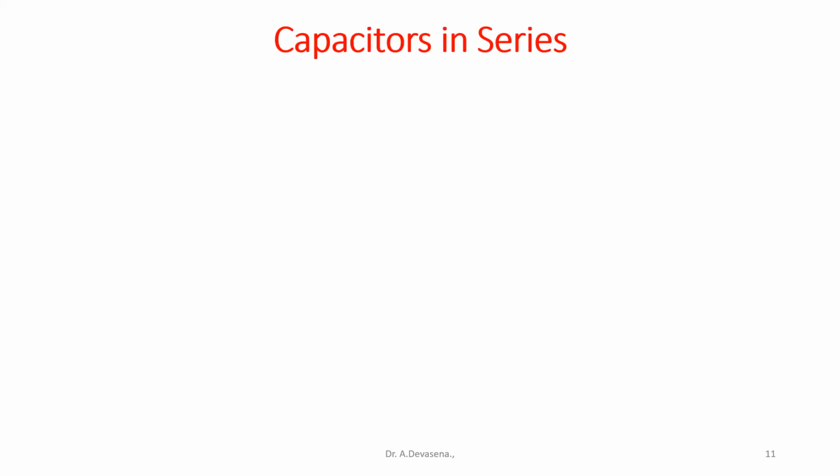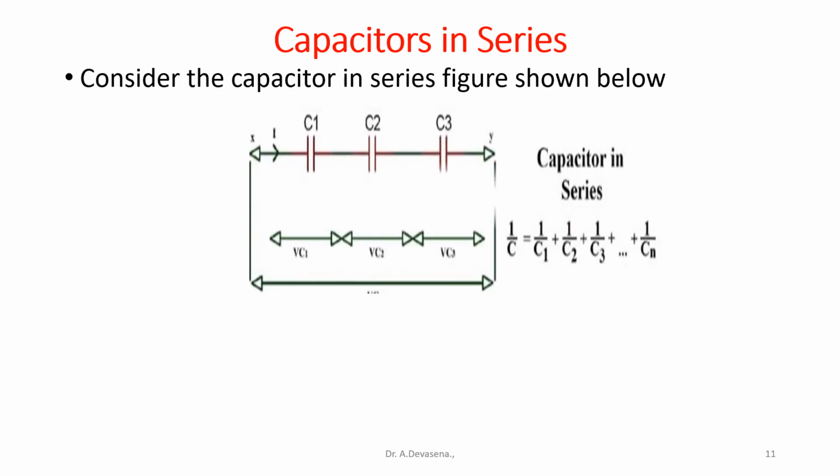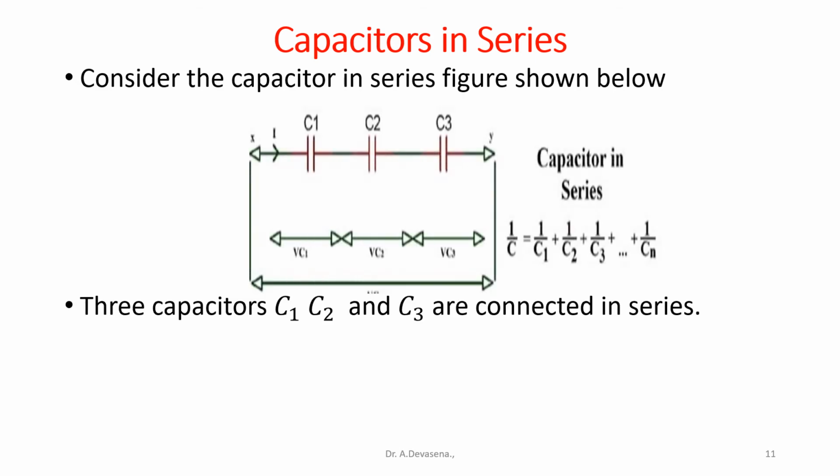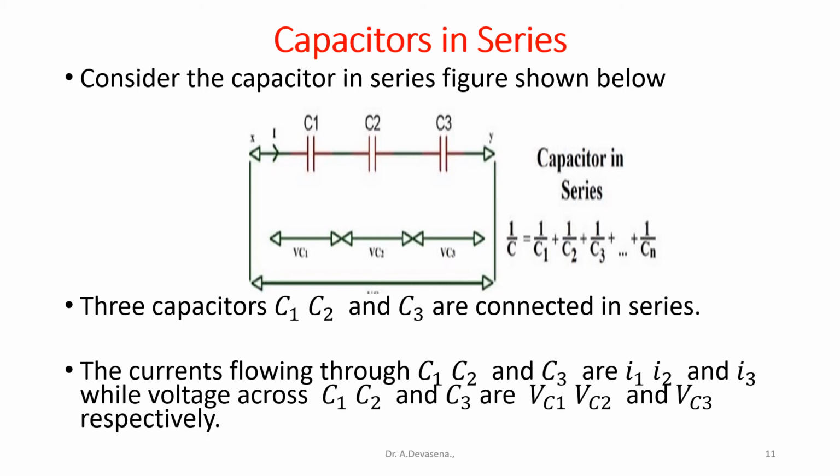Consider the capacitors in series figure shown below. Three capacitors C1, C2 and C3 are connected in series. The currents flowing through C1, C2 and C3 are I1, I2 and I3, while the voltage across C1, C2 and C3 are VC1, VC2 and VC3 respectively.